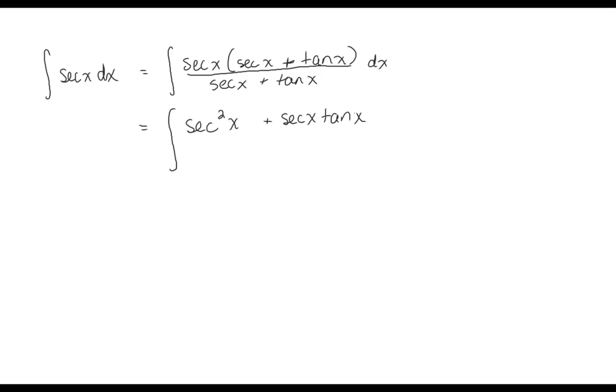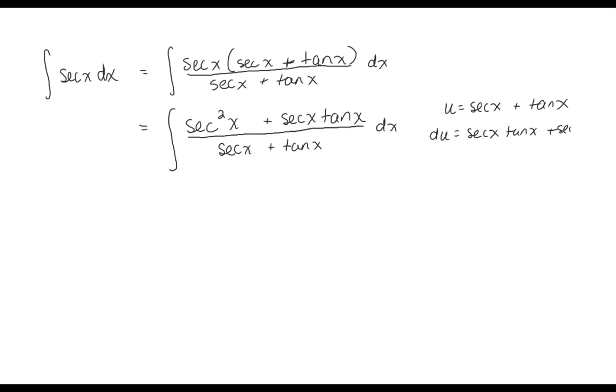Now my second term in my numerator is secant x times tangent x, and that's the derivative of secant x. So the numerator is the derivative of the denominator. If u equals secant x plus tangent x, du is secant x tangent x plus secant squared x dx.